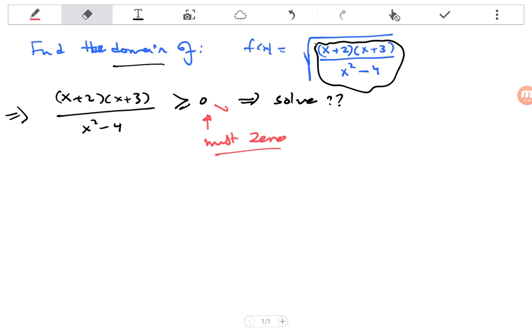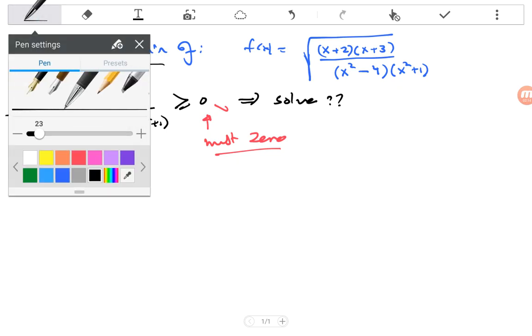I will just put another bracket here, x squared plus 1. Okay, so we need to put this expression all in brackets. Is there any possible factorization for this form?